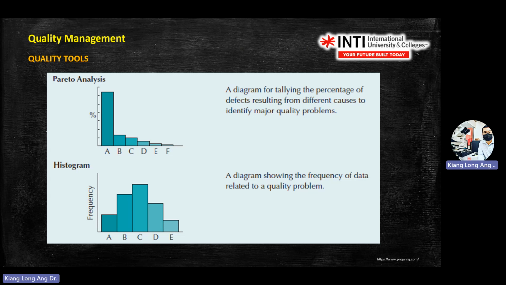Pareto analysis is more on the percentage and the problems, for example, percentage versus the reasons that contribute to the problems. Histogram is more on frequency, like you count 1, 2, 3, 4, 5, and so on. So the y-axis is frequency. The x-axis remains the same, the reason.